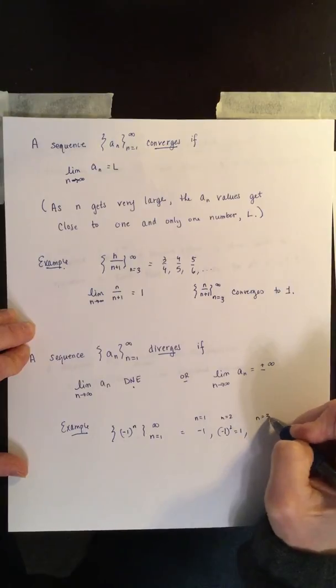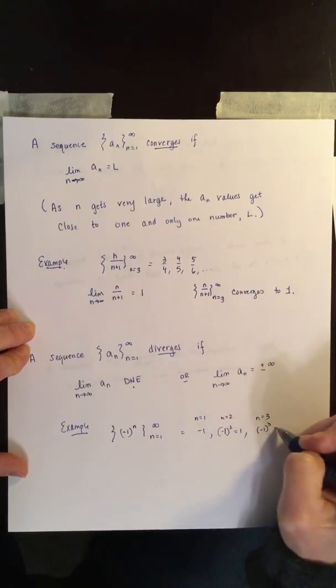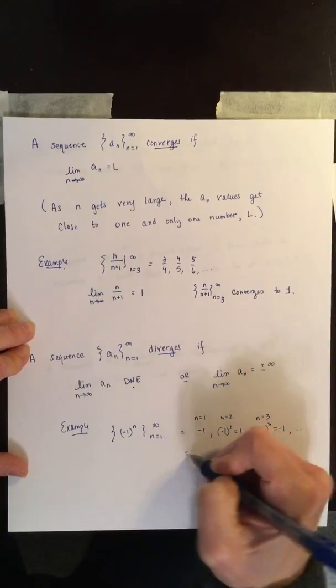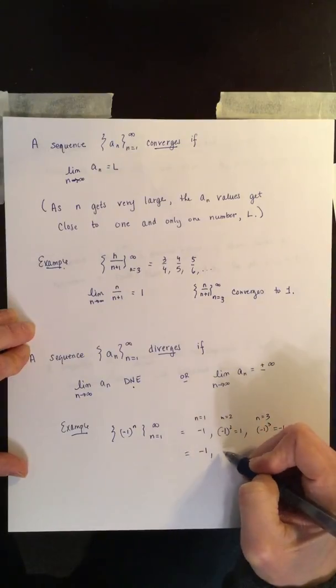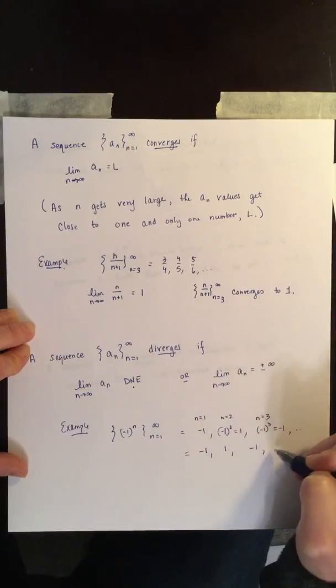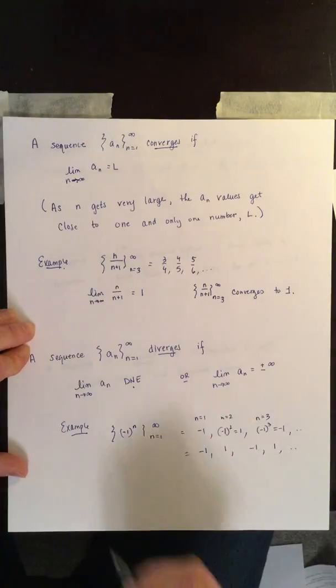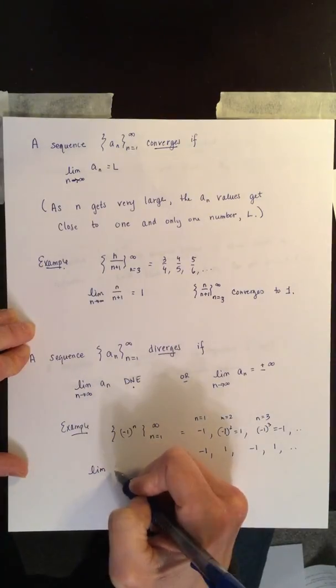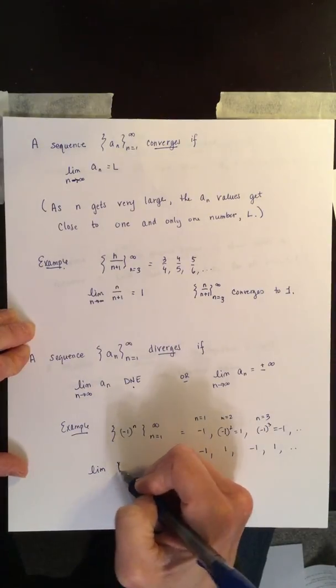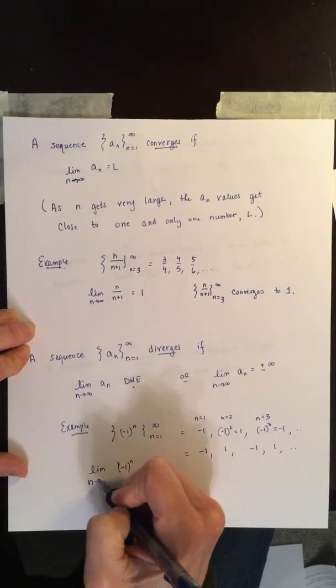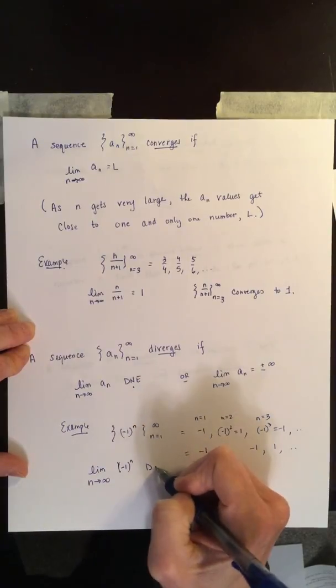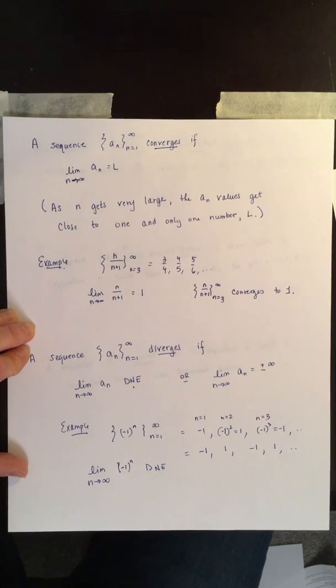When n is equal to 3, we would have negative 1 cubed, which is negative 1. So we would have the sequence -1, 1, -1, 1, and so on. And we would say that the limit of this sequence, -1 to the n, as n goes to infinity, does not exist.